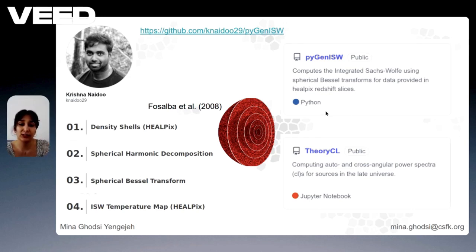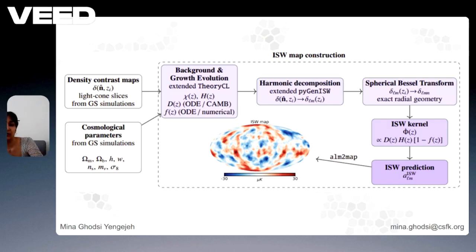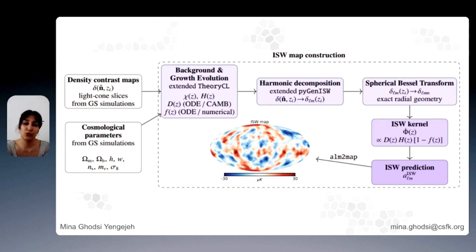These two packages are pyGenISW and theoretical, developed by Krishna Naidu. But how does the whole pipeline work, so that we can have one ISW map? First, we need to fix our cosmological parameters. As you can see here, right now it accepts 7 cosmological parameters.